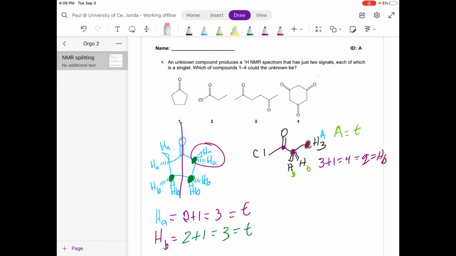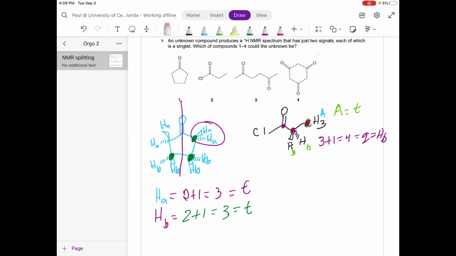And if we do this other molecule, molecule 3, what I notice here is if I take this bond right here, that I'm highlighting in green, and then just draw it like this, just horizontal, look at what I can do here.